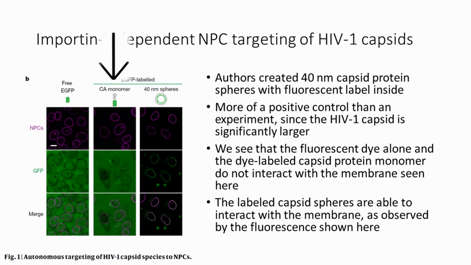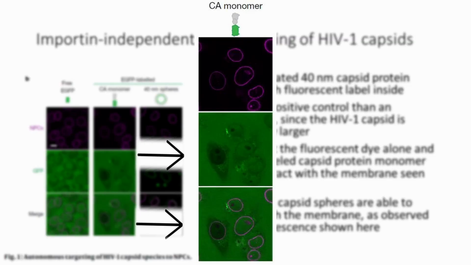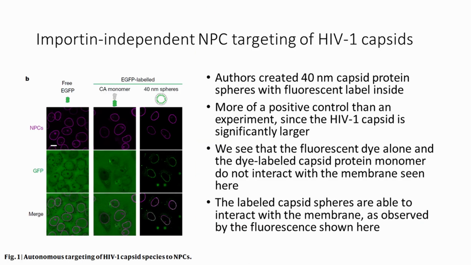Now the middle panel is showing the labeled capsid monomer. In this, we see pretty much the same result as the free dye. There's no localization and therefore there's no meaningful interactions. So far, these results are exactly what we expect to see. The authors are showing us their controls, and their controls say that the free dye and the lone monomer are not interacting with the NPC membrane.